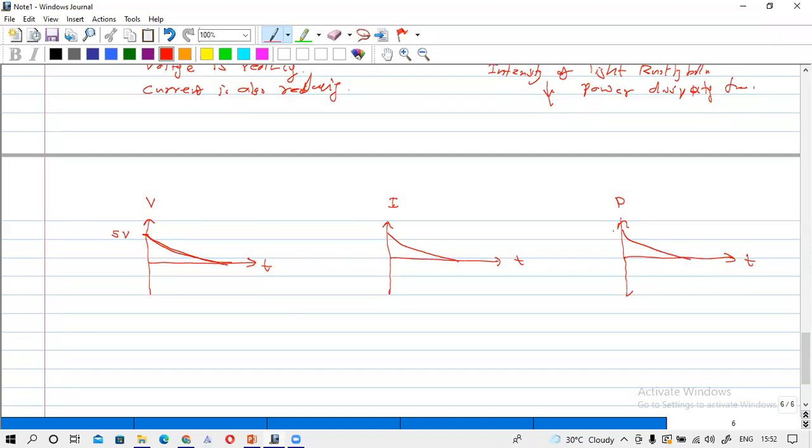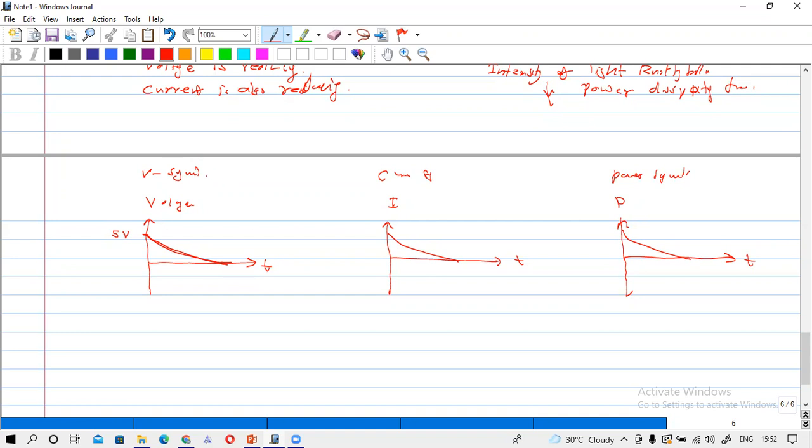Okay, so these are signals, no? This is a voltage signal, this is a current signal, and this is a power signal. So these are the waveforms.